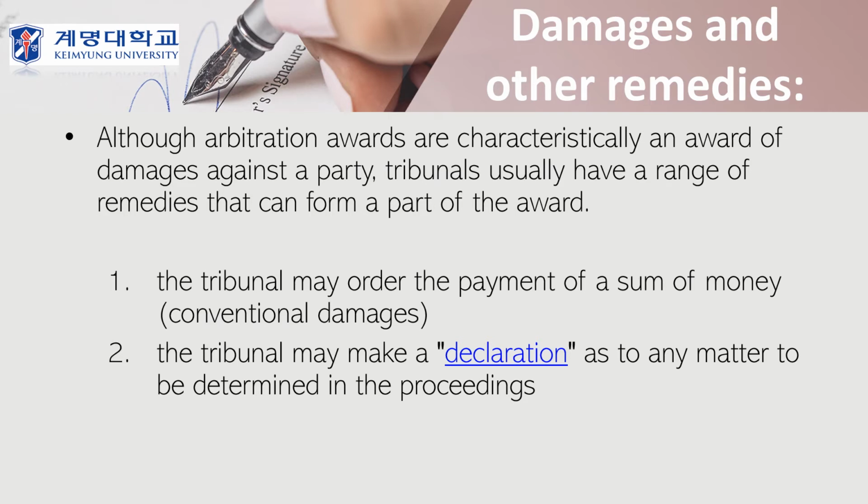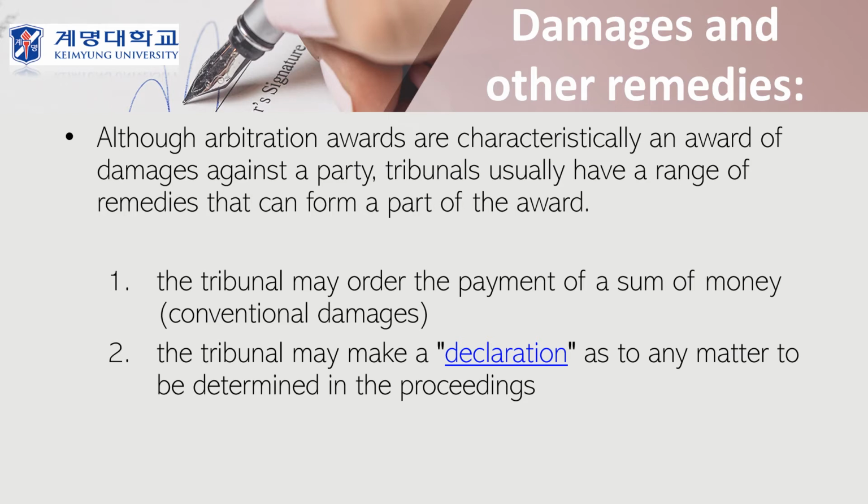Okay, but remember that the arbitration tribunal's objective is to have a fair trial, and the resolution for the dispute is favorable for both parties. That's why for the damages that have been created within the dispute, they are offering some remedies. So there are ranges of remedies that can be performed as a part of the award.